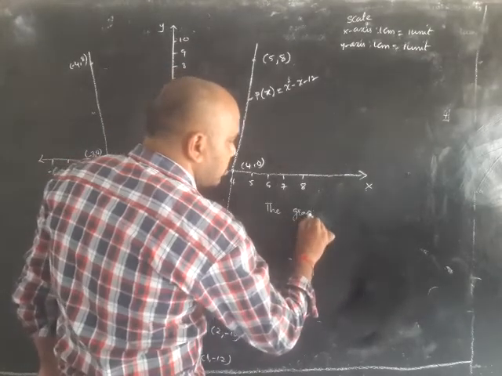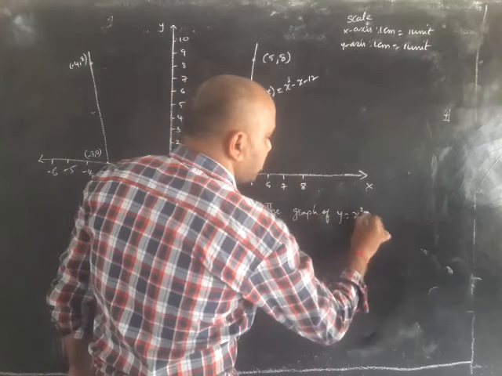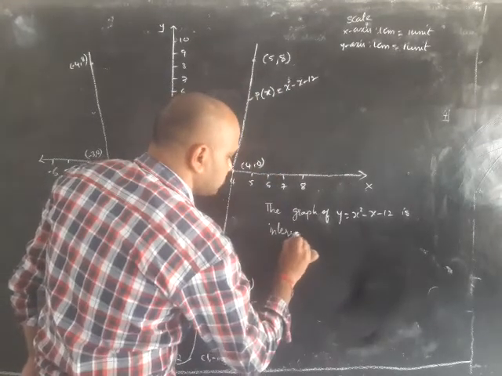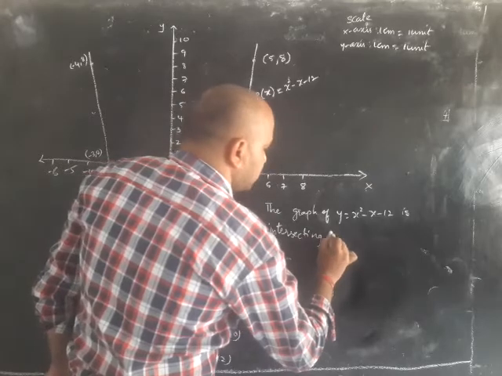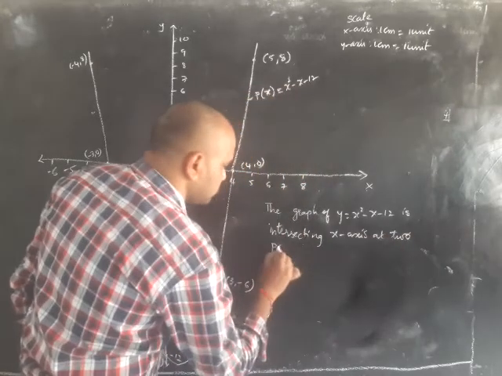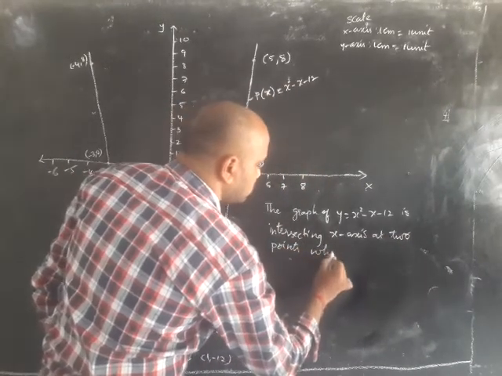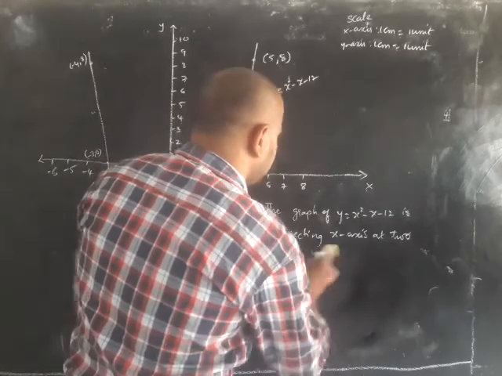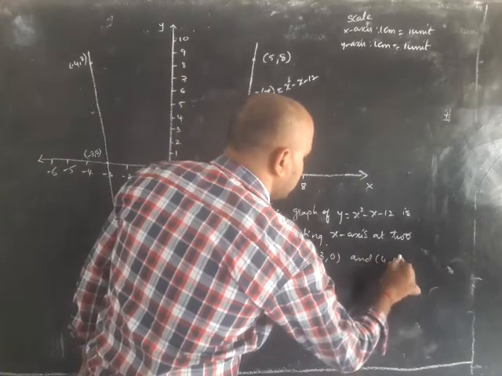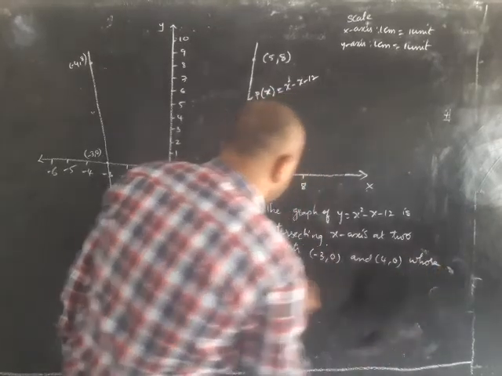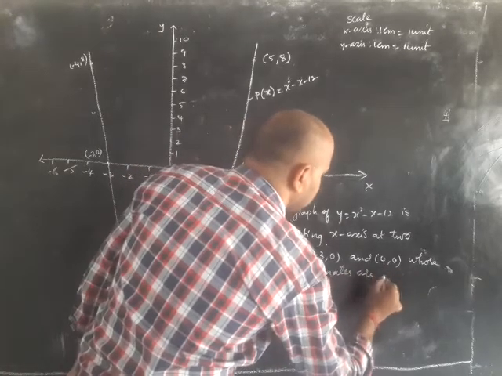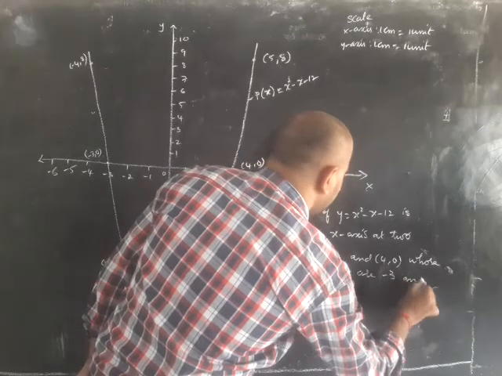The graph of y is equal to x square minus x minus 12 is intersecting the x-axis at 2 points, minus 3 comma 0 and 4 comma 0, whose x coordinates are minus 3 and 4.